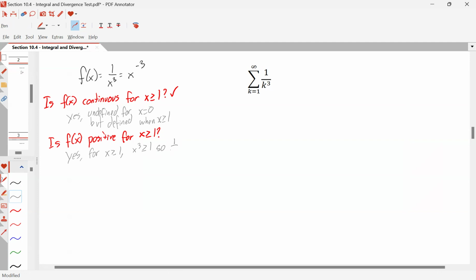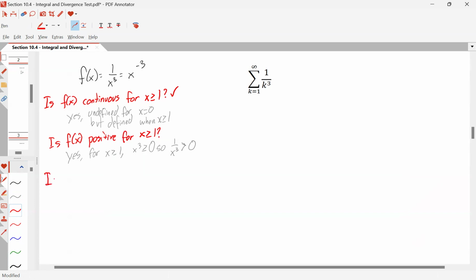So 1 over something that's greater than or equal to 1 is at least greater than 0. If that is greater than 0, so is the reciprocal. Great. The function is positive.